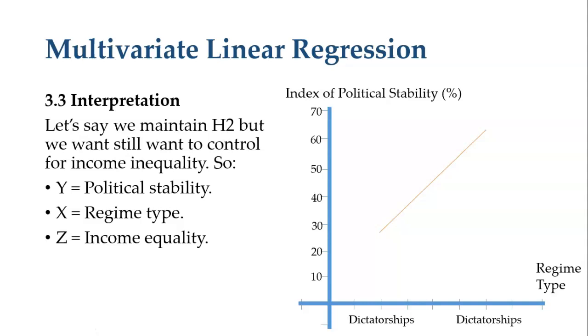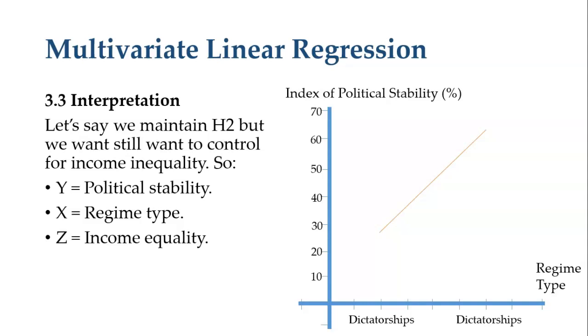When we control for C, or when we include C in the linear regression formula, what we are doing is seeing what happens with the effect of X on Y when C is held constant. What does it mean to hold constant a variable in the context of linear regression?